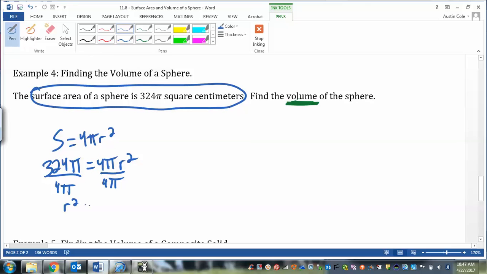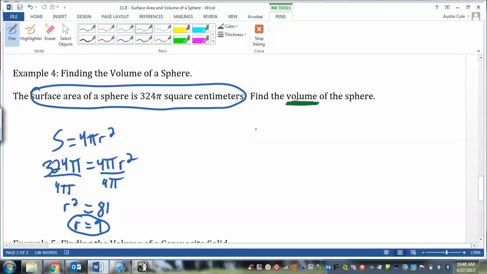And you get r squared is equal to 81. What's r have to be then? 9, right? The square root of 81 is 9. So now we have our radius, 9.